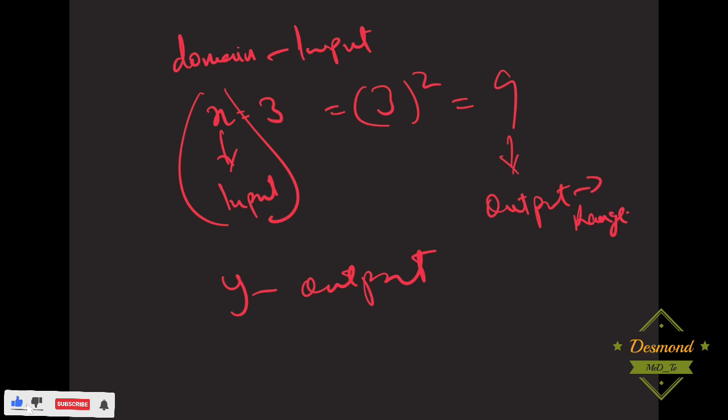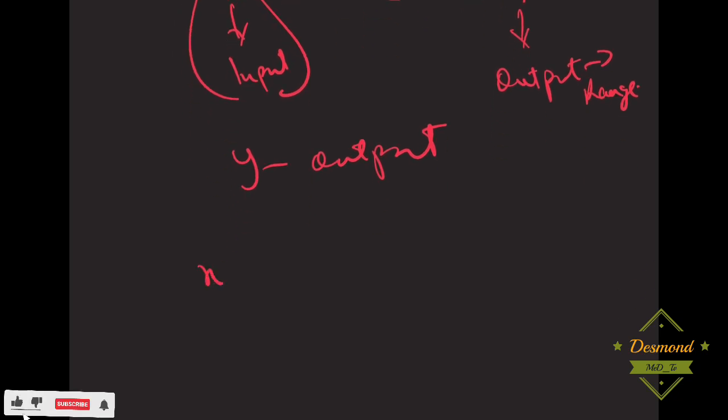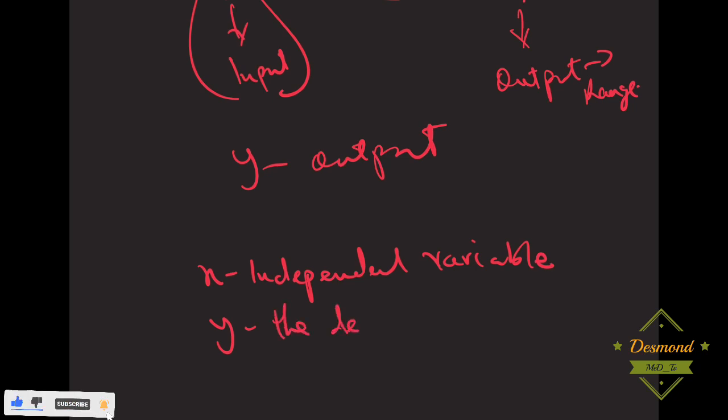We often refer to x as the independent variable, and y represents the dependent variable.